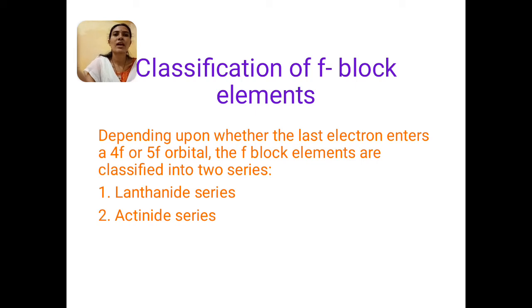Means there are two series present in F block elements, and depending on whether the last electron of a particular element enters in 4f or 5f orbital, they are classified into two types. If the last electron enters in 4f, it will be lanthanide series, and if the last electron enters in 5f orbital, it will be actinide series.